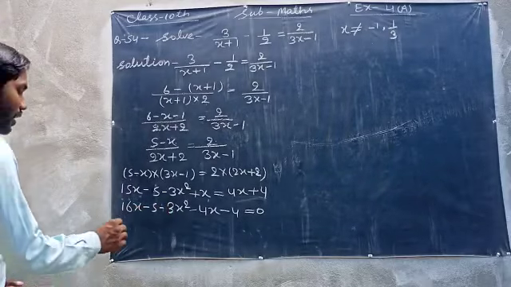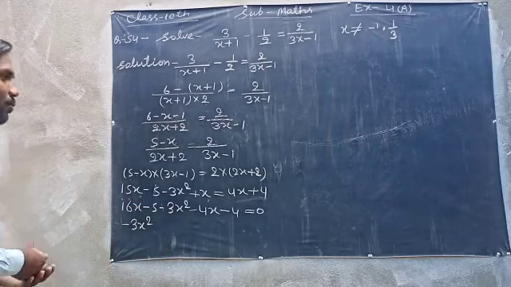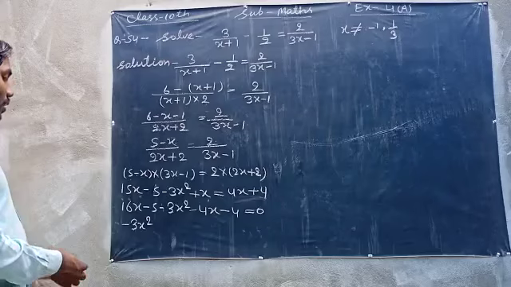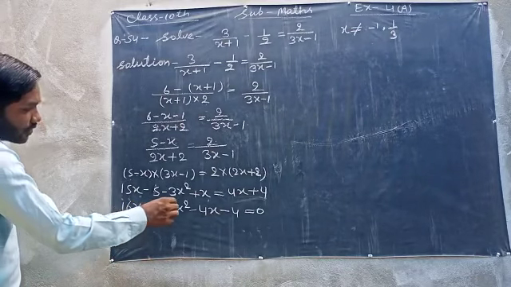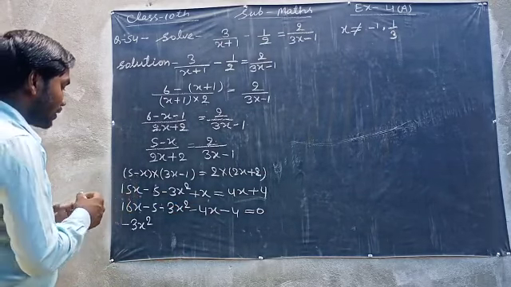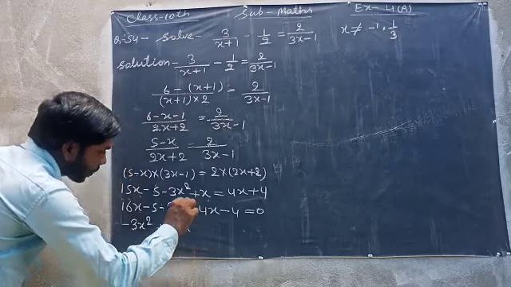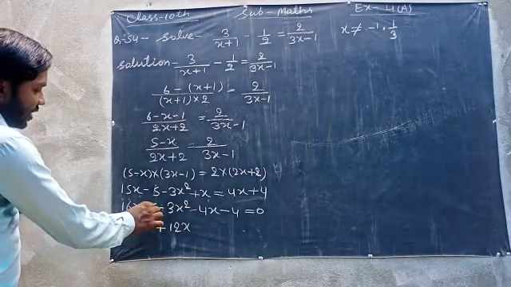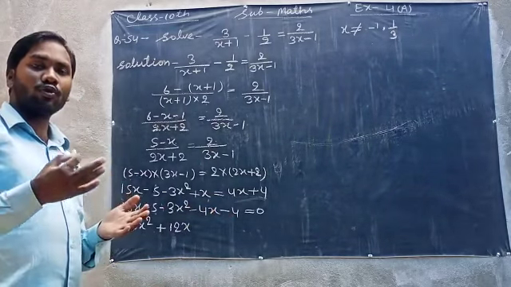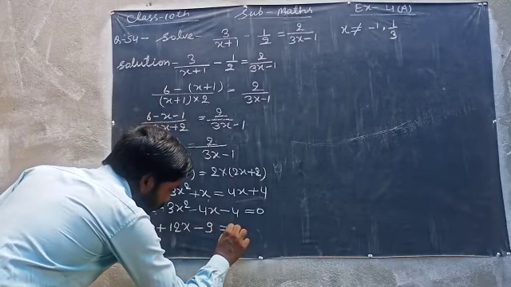From here we get minus 3x square. The x square part we will take in front: minus 3x square. You can see here 16x, here minus 4x. So 16x minus 4x will be 12x, and here it is minus 5 and minus 4. Both are negative, so both will be added and it will be minus 9 is equal to 0.